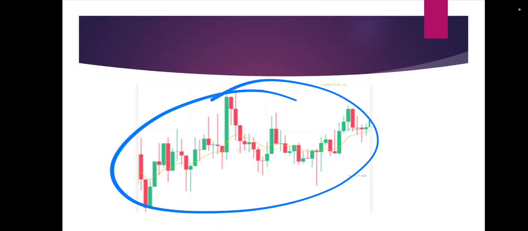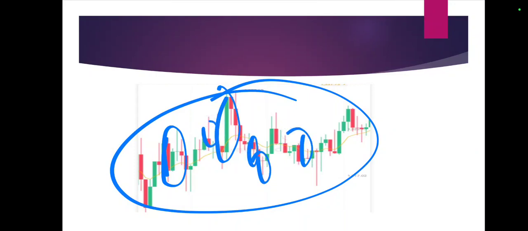If it is green, it is a bullish candle. Here is a very big bullish candle, and a very big red candle here. We have some small red candles. They are all bearish candles, meaning price went down in that period, while in a green candle, prices went up within that period.